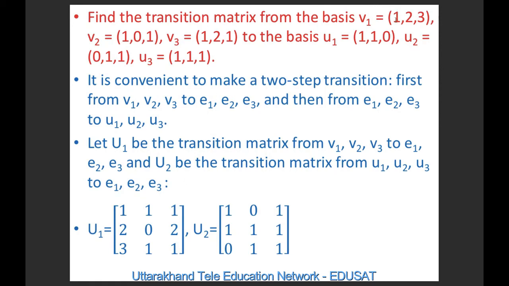This is given to us: v1 first column, v2 second column and v3 third column. Also U2: u1 first column, u2 second column and u3 third column. So in the first column 1, 1, 0, this was u1, and 0, 1, 1 and 1, 1, 1 are u2 and u3.